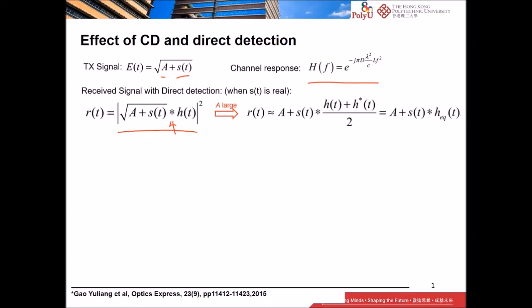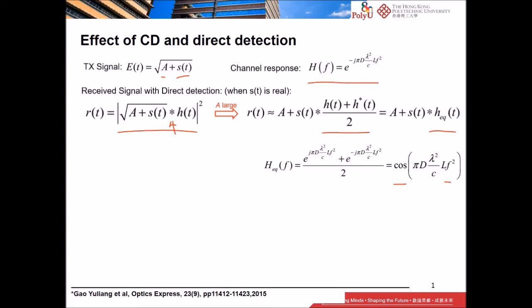When S(t) is real, we can approximate the channel response as the average of H(t) and its complex conjugate. So the equivalent transfer function has a response that has a cosine component. The functional form is cosine of the frequency squared.